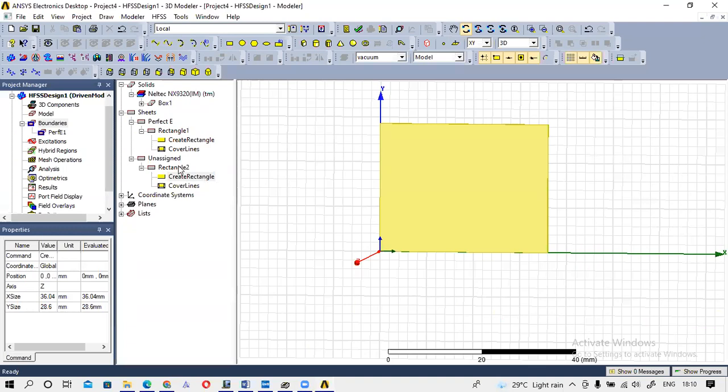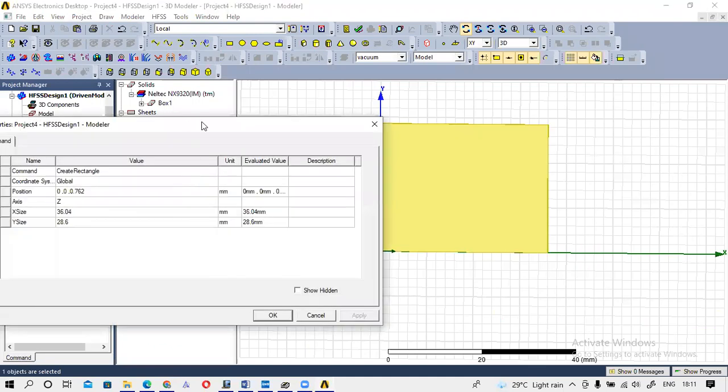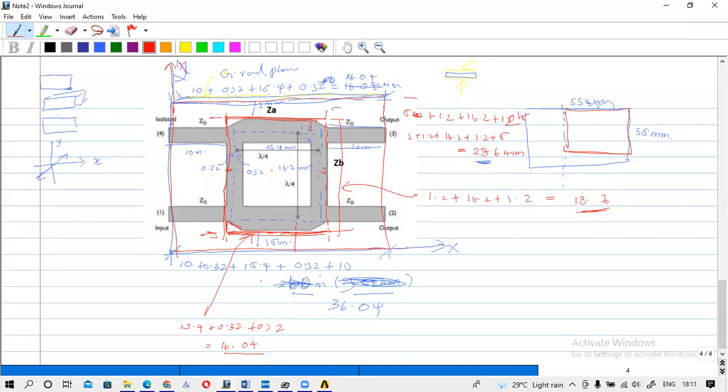So this is rectangle 2, no? So I change the dimension, and we have to change the position. So we have to calculate this coordinate, and this coordinate.